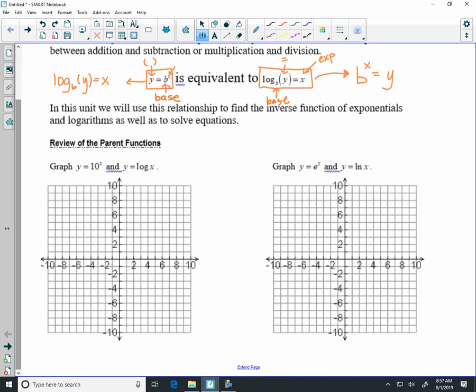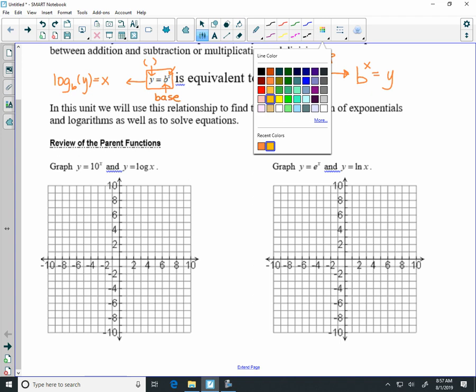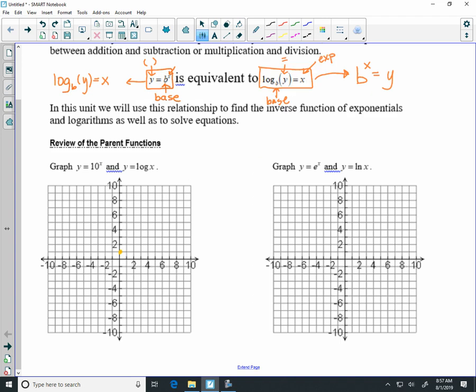Y equals 10 to the x is the first parent function we're going to look at. We didn't graph that quite as often as e to the x with transformations, but here it is. 10 to the x has a y-intercept of (0, 1), and 10 to the first power is 10. It has this horizontal asymptote at y equals 0.